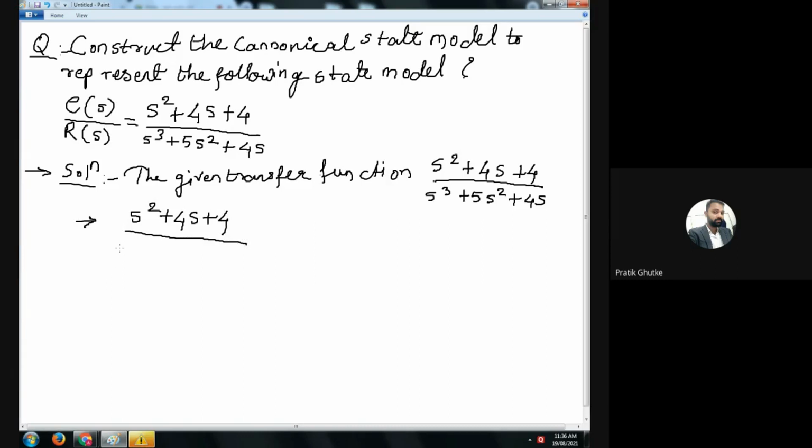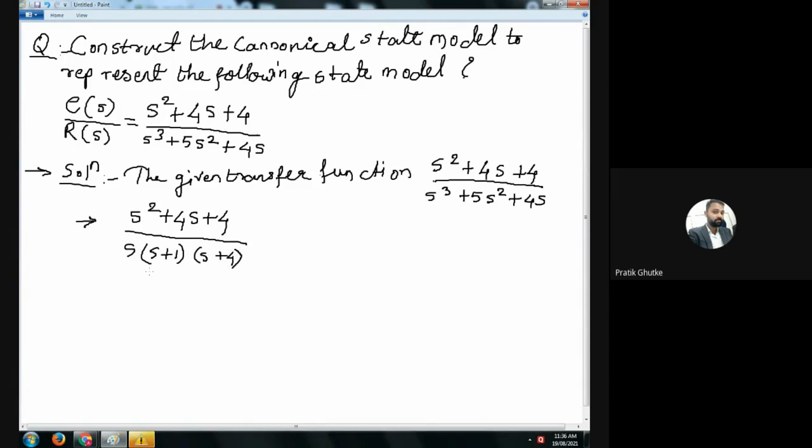Yes, all of you take out your calculators and factorize it. So one factor would be S, then S plus 1, and then S plus 4. Okay, so factorizing the denominator, I have calculated the new transfer function.